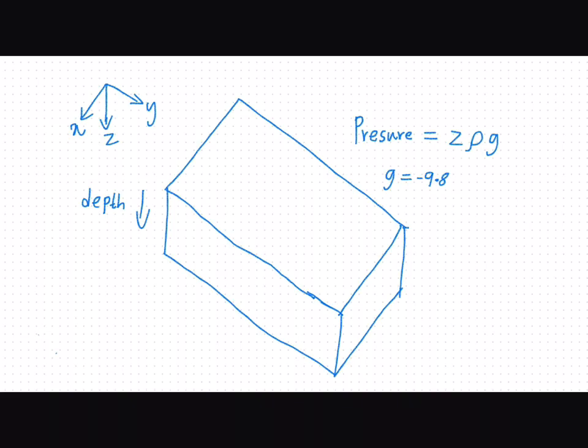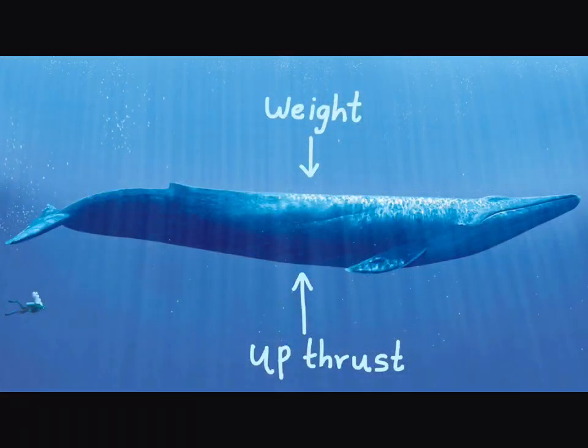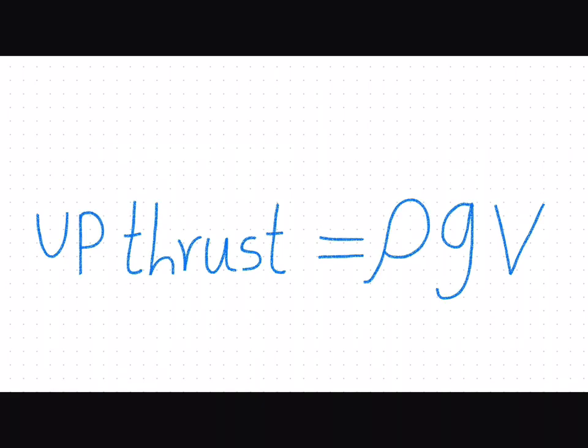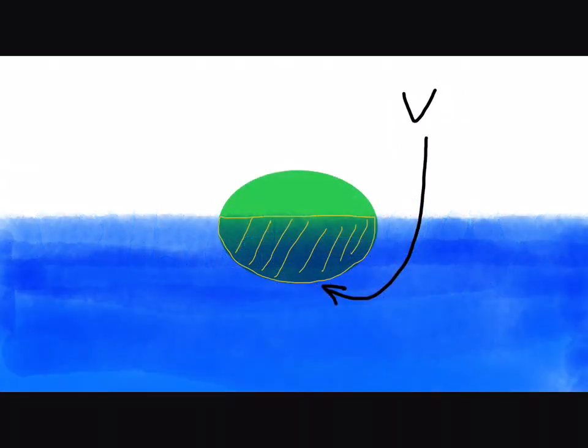That tells us that the direction of the force vector is pointing upwards, which is opposite to the weight of the object, and the magnitude of that net force is equal to rho g V, where rho is the density of the fluid, V is the volume occupied by the object, and g is the good old gravitational acceleration. What we should care about is not the total volume of the object, but the volume occupied by the object in the medium.